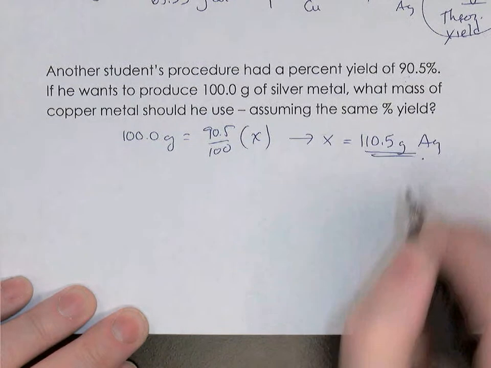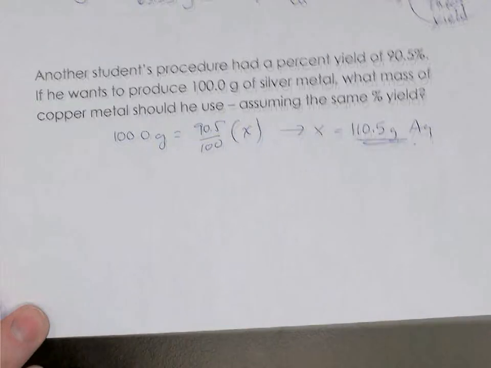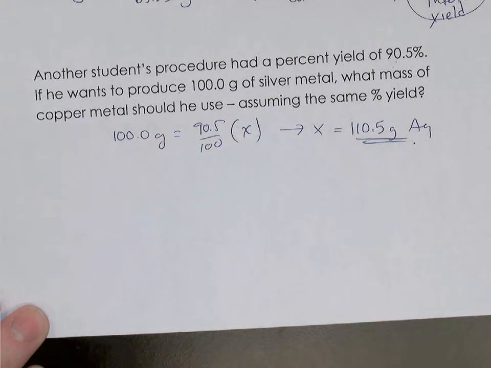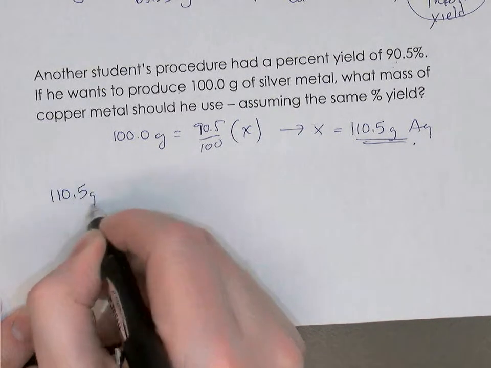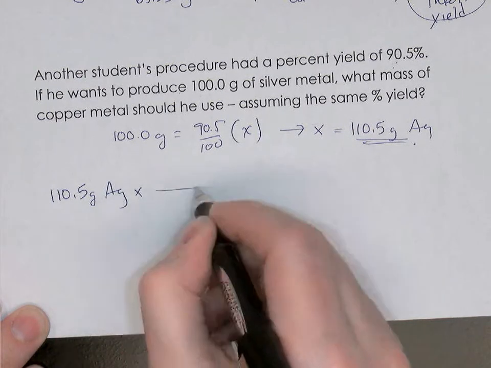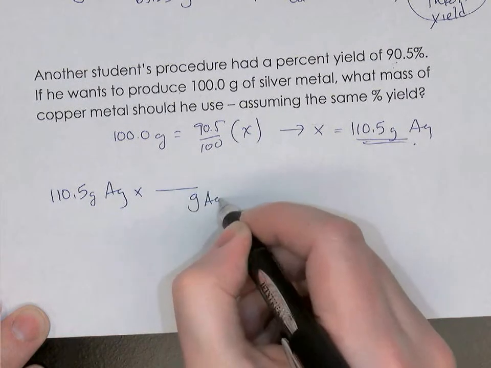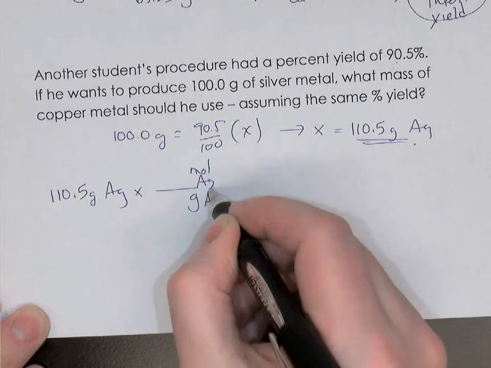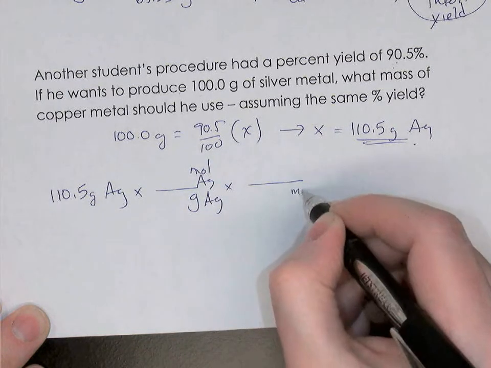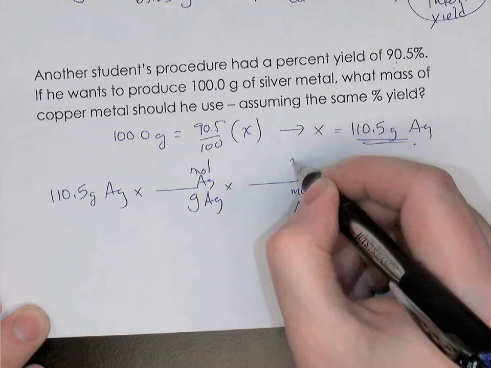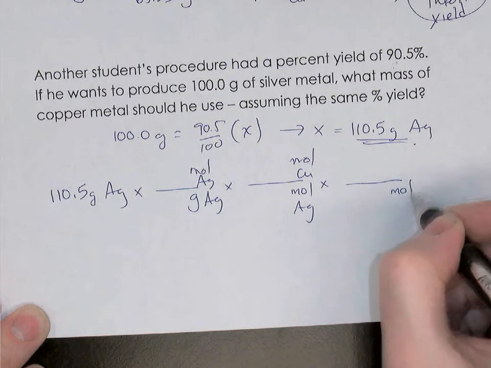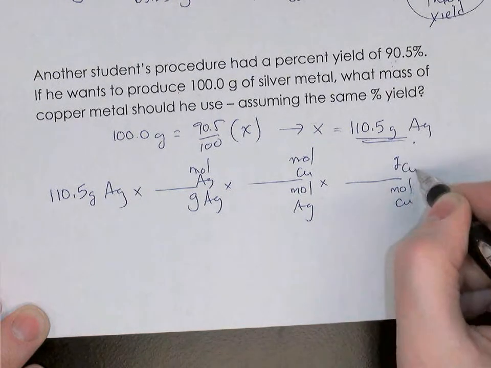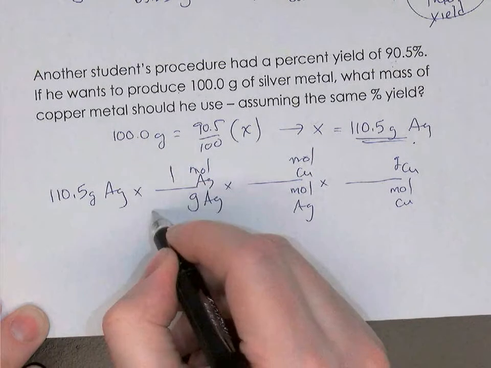Alright, now that I know the amount of silver I should aim to make, let's calculate what mass of copper you should use. So 110.5 grams of silver, what I'm aiming for, I'll convert the grams of silver to moles of silver. Now the balanced equation will convert moles of silver to moles of copper, and then finally moles of copper to grams of copper. 1 mole of silver is 107.87 grams.